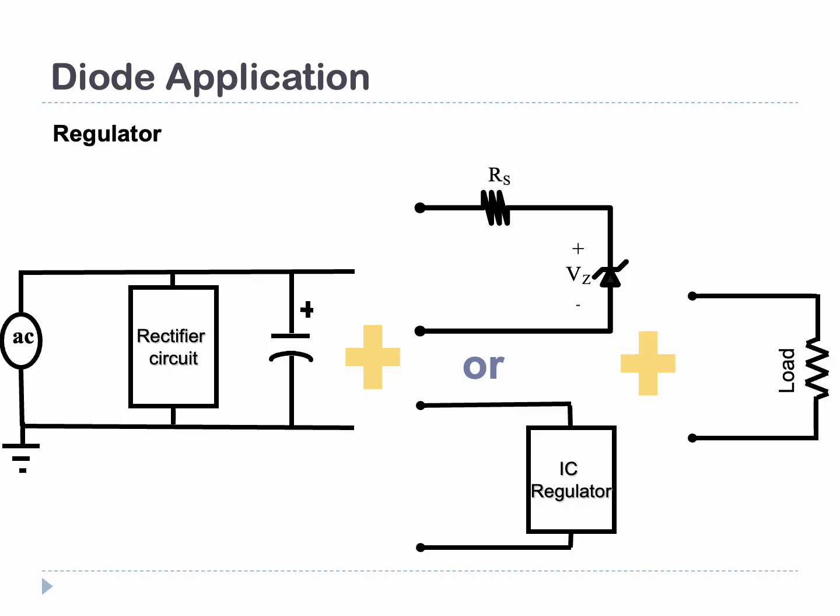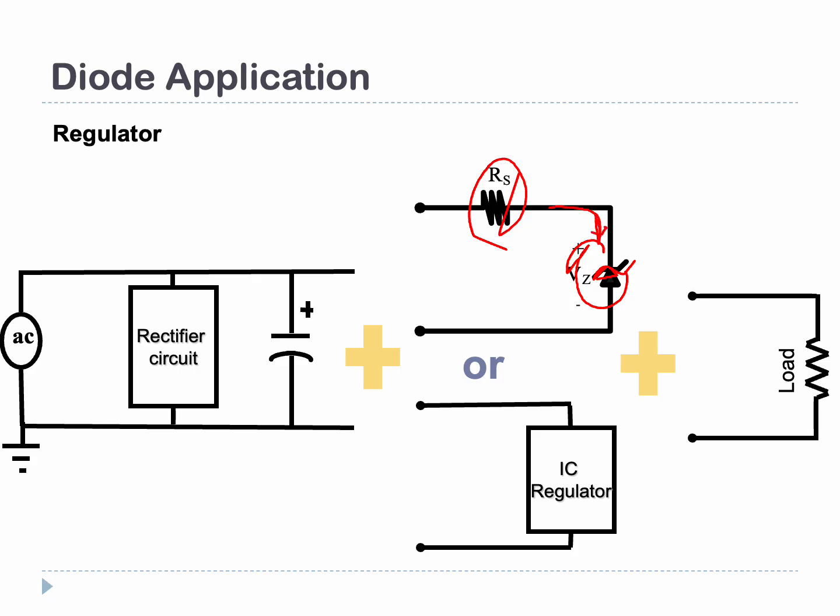So what is a voltage regulator? It consists of a Zener diode component, you should know this. This is the Zener diode. It is very easy to recognize because you can see the Z shape of the diode. And then we have an RS resistance. This RS is to limit the value of current flowing inside the Zener diode.